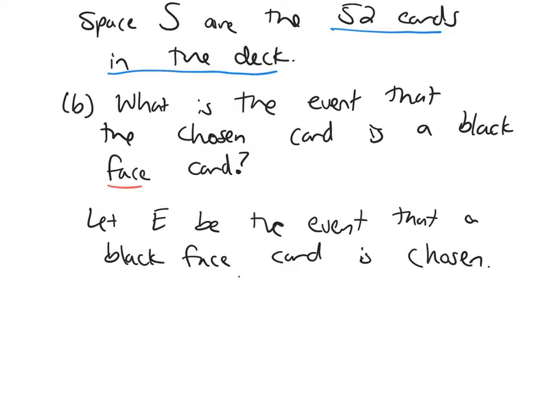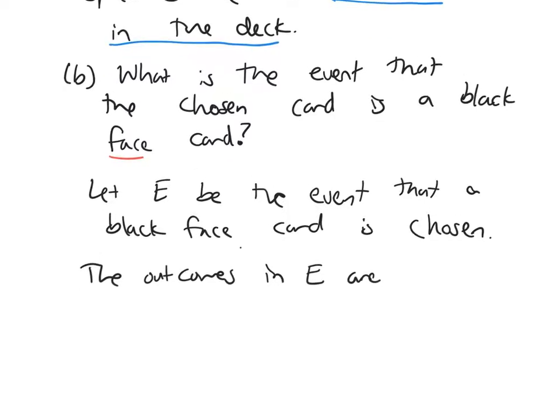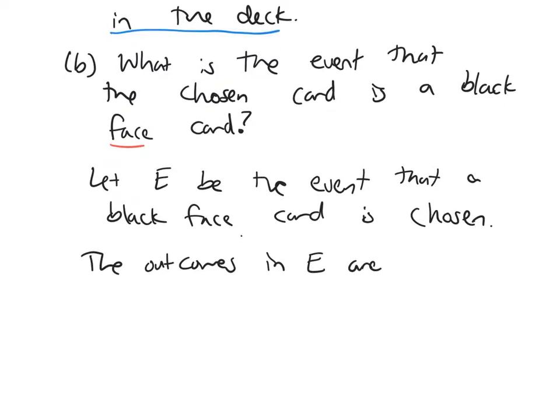So what could I get? What are the outcomes in this event E? Well, the outcomes in E are, I need it to be a face card and it needs to be a black card, which means it's either a spade or a club.